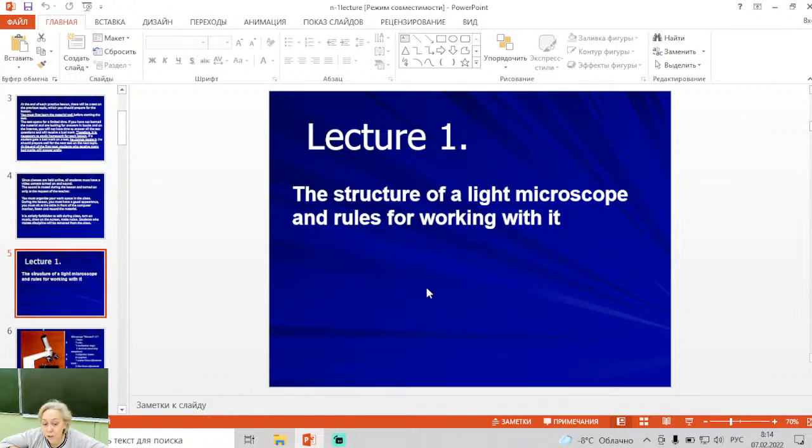And the first question of our lecture today: the structure of the light microscope and rules for working with it.